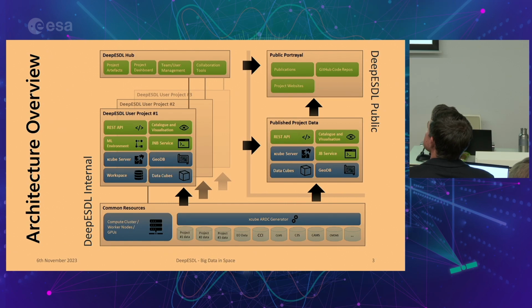This is an Xcube capability to massage various data sources into a data cube and let you combine them as easily as possible. And the Xcube server, which offers various APIs. This is more an advanced user thing if you really have some standard interface that you'd like to interface over. There are increasing numbers of these implemented in Xcube. GeoDB is a geospatial database, which I won't go into because this is meant to be a 10-minute presentation.